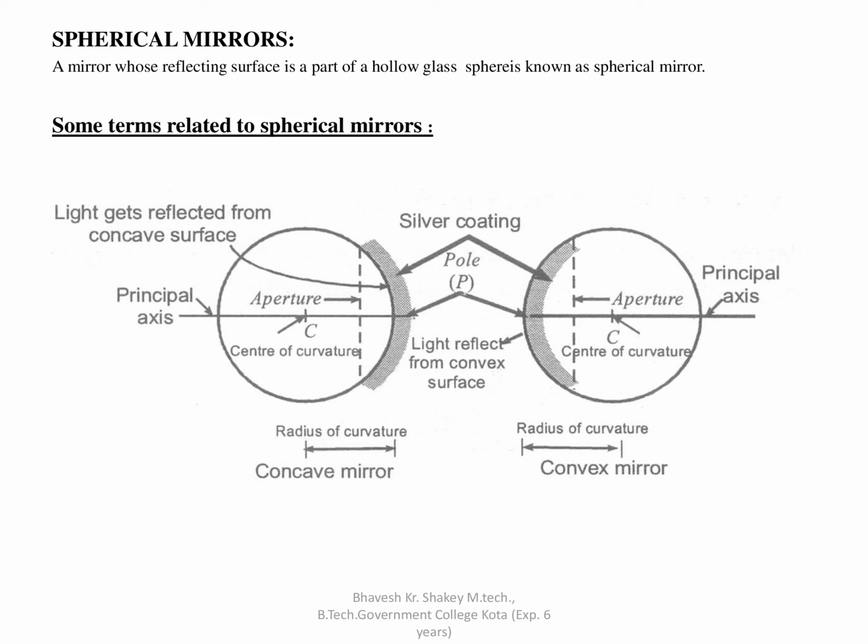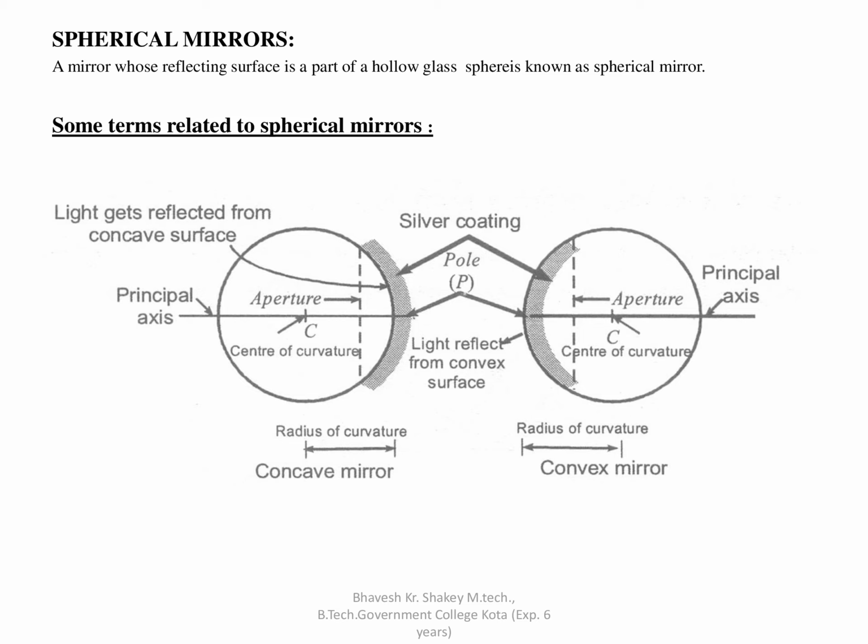So the first term is the pole. What is a pole? As you see in the diagram, there are two diagrams. In the first diagram the outer surface is silver coated, and in the second diagram the inner surface is silver coated.